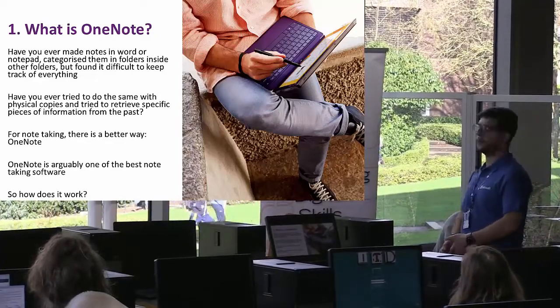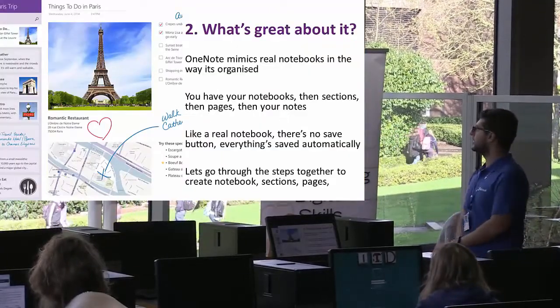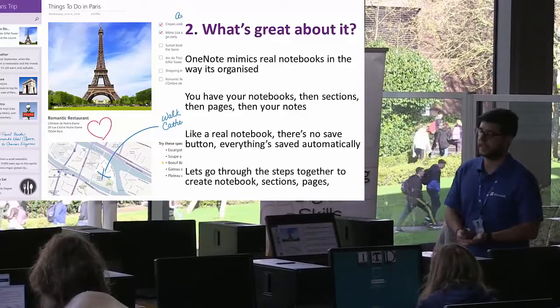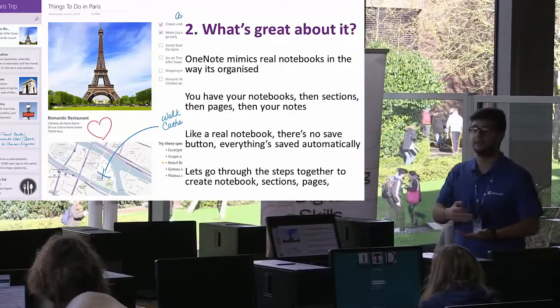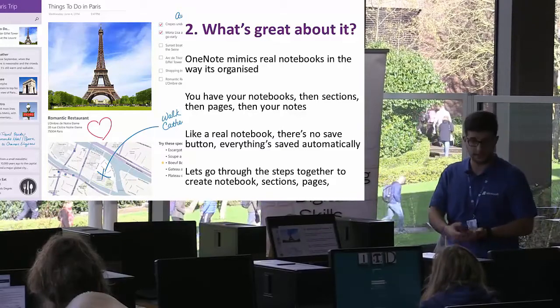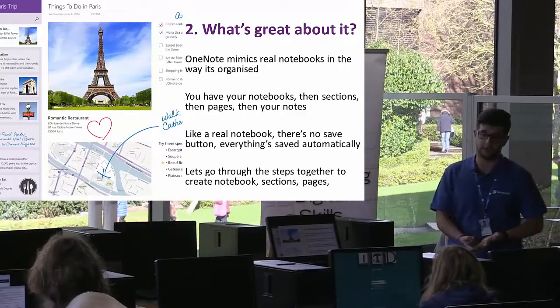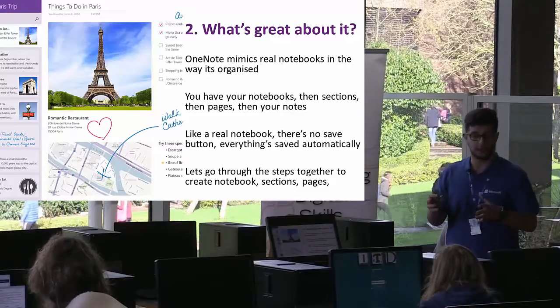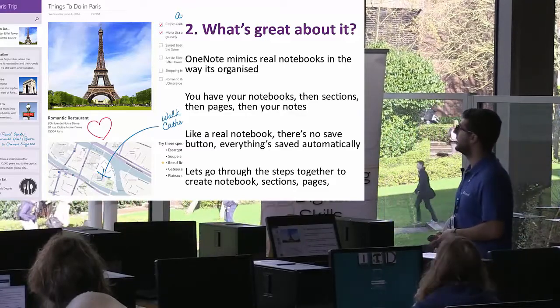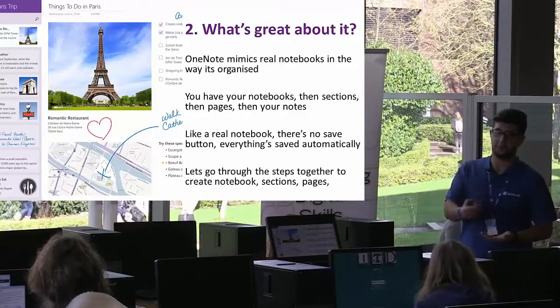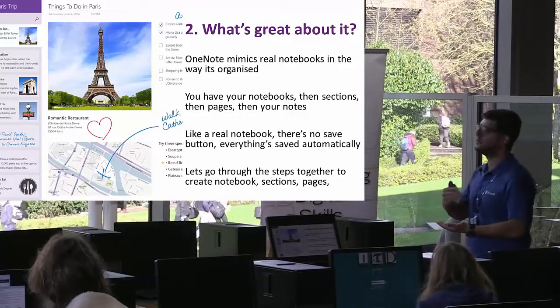So what is so special about OneNote? What's great about it, like I was saying, is that it literally mimics a notebook. Within OneNote you can have different chapters, sections and pages, and the best thing is the pages never run out. You can zoom in, zoom out, add stuff and take stuff off. So it doesn't mimic a real notebook in that sense, but it's even better than a real notebook.